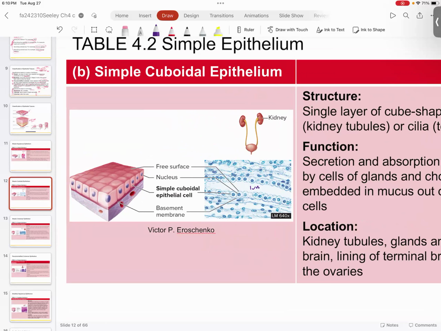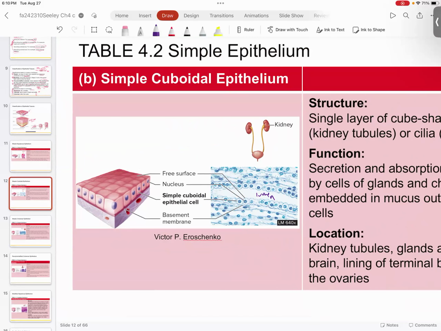Here's the lumen, or the open region of the cell itself. This is where the basement membrane is, right here. That's the basal side. And this side right here, on the lumen side, is the apical side. You can see that's true for the same cell, so that fits our definition of simple. It's the same layer.